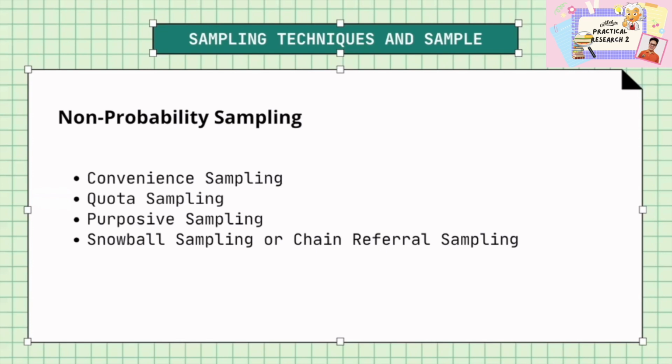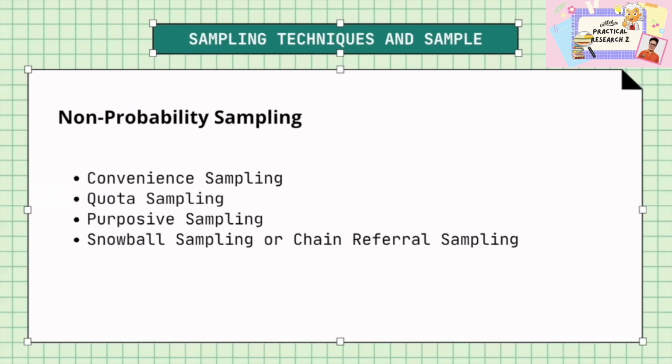The elementary pupils who are at the moment present during the research visit will be chosen as respondents, while quota sampling will, for example, as a researcher, my desire is to have 50 male students, and then the first 50 male students I approached will now be my respondents. So stick with those given examples.